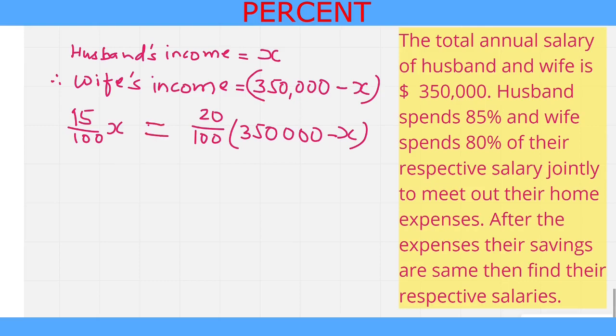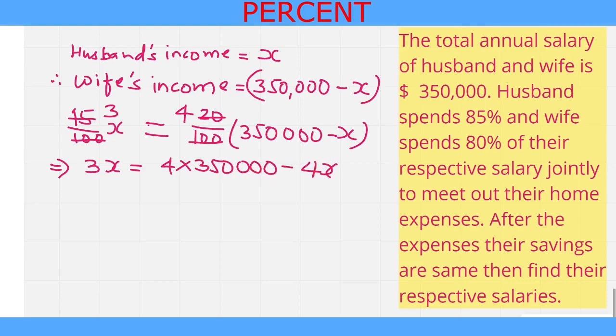So we equate these. Now we cancel 100 on both sides, and 5 cancels 15 for 3 times and 20 for 4 times. This gives us 3x equal to 4 multiplied by 350,000 minus 4x.